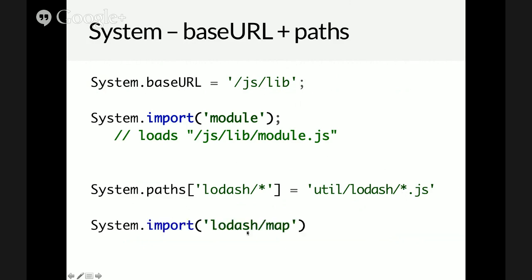So if I were to system import Lodash map, that would include the base URL always, unless this had an HTTP or a slash or something that escapes it out of looking for things in the base URL. But it would look for JSLib and then use this path, util Lodash map.js.